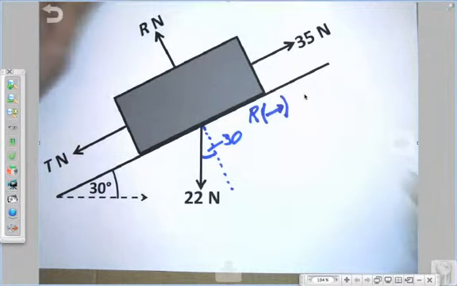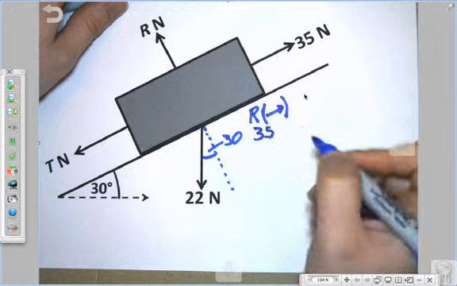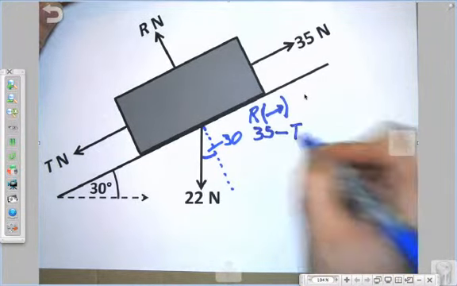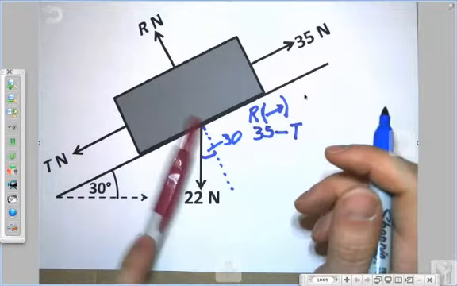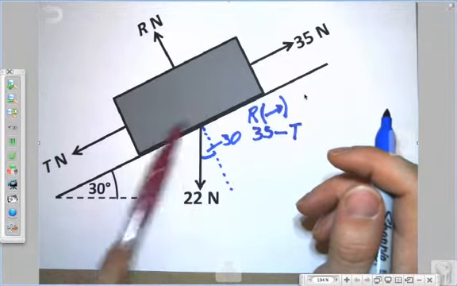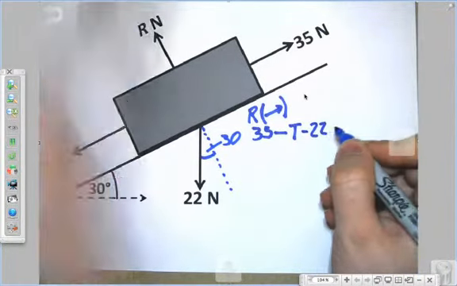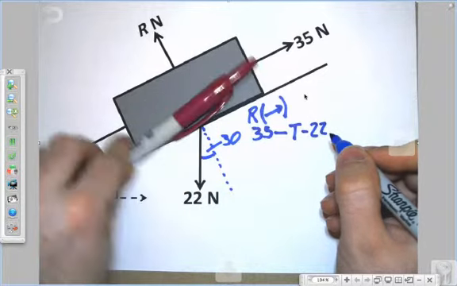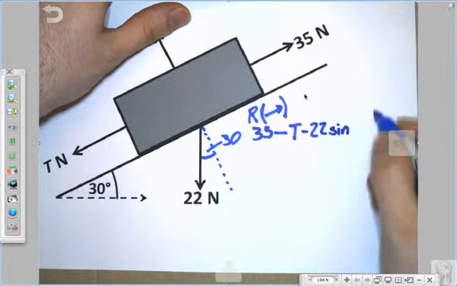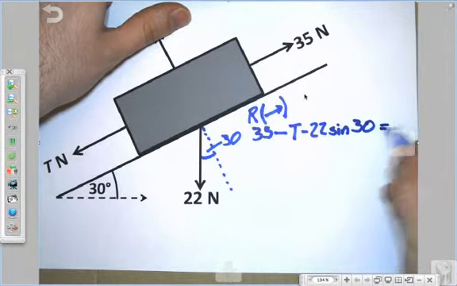Now in the positive direction I have 35. In the negative direction I have T, so minus T. I also have the component of this force acting down the slope. So I also have a minus 22 sine 30, because that's rotating away from the angle. Because I'm in equilibrium, this equals 0.